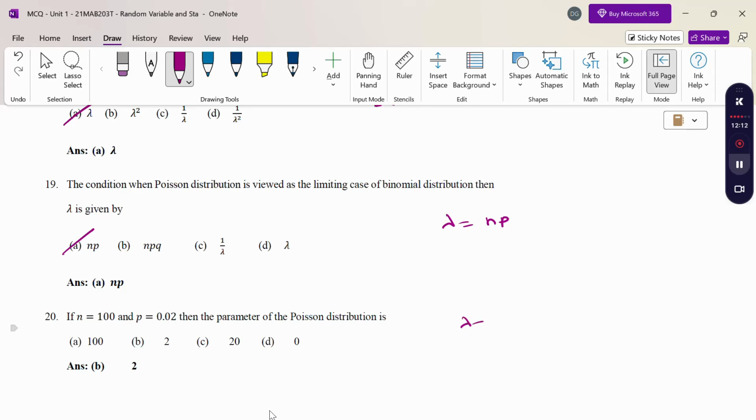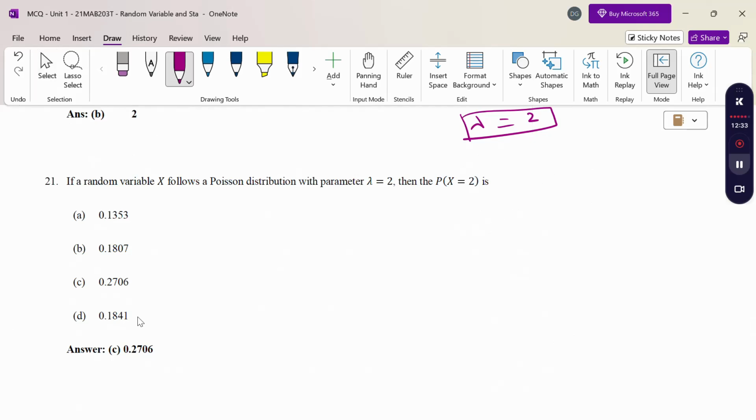The parameter is lambda, so n into p, which is 100 into 0.02, so lambda is 2. Option B.